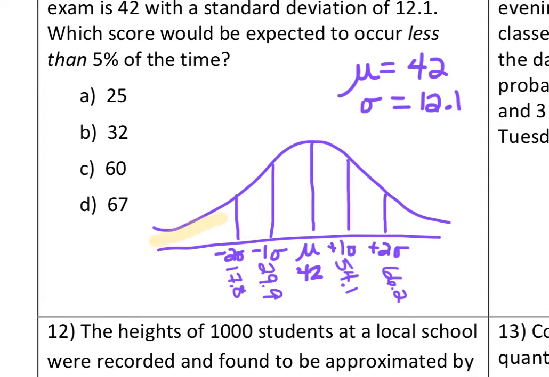And we know that at the ends of the curve, each of those ends from here to infinity and from here to negative infinity, that's about 2.3% or 2.5%.